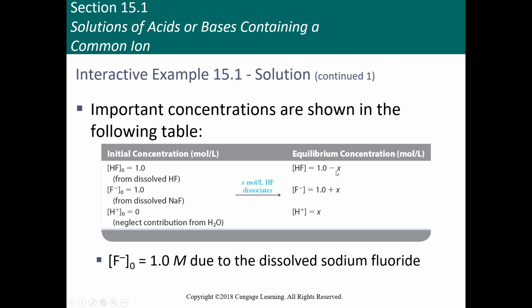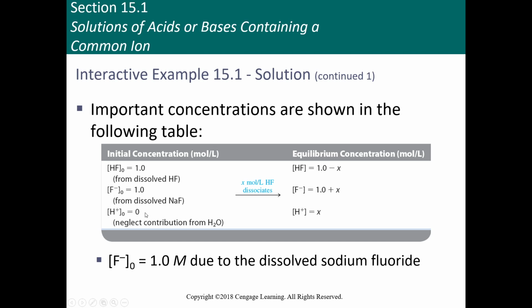And so this is the amount we use up, minus X, like we've done before. Now, in this case, we actually started with F minus, didn't we? And so we've started with 1 molarity of F minus. And that means at equilibrium, we're going to have 1 molarity plus whatever we have used up of the HF to make F minus and H plus.